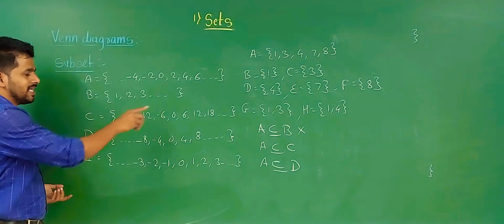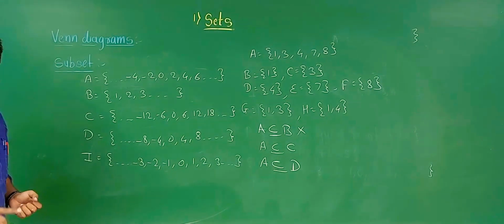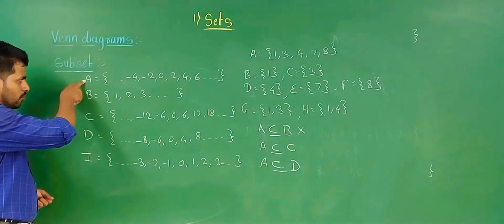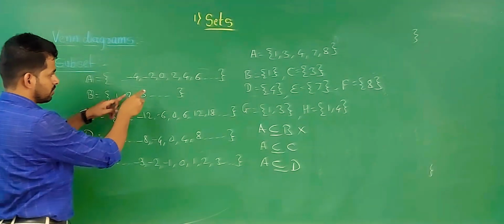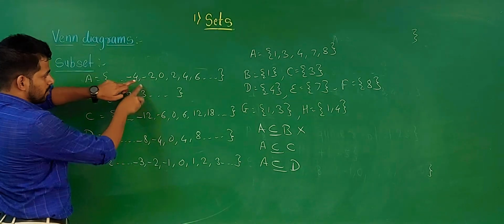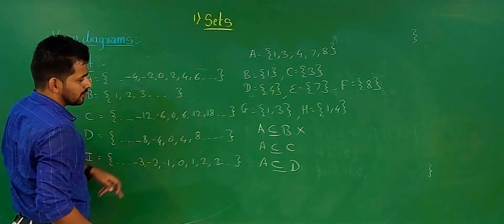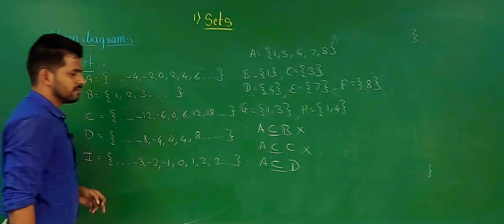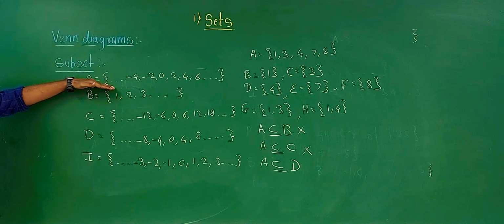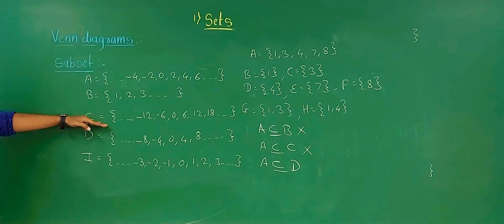So that statement is wrong. Okay, now A and C. See here -2 is not there, -4 is not there, 2 is not there, 4 is not there. So that statement is also wrong.